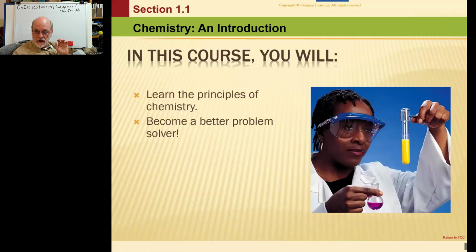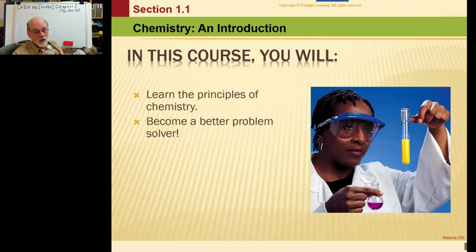We're going to learn various principles of chemistry so that we can master not only understanding the processes that occur, but maybe even manipulating those processes to suit us and solve problems, right? That's key to chemistry. We have a problem. Maybe it's mathematical. Maybe it's not.